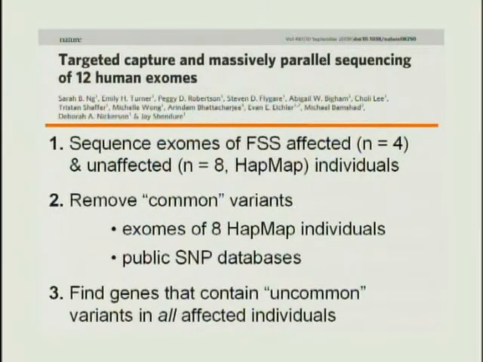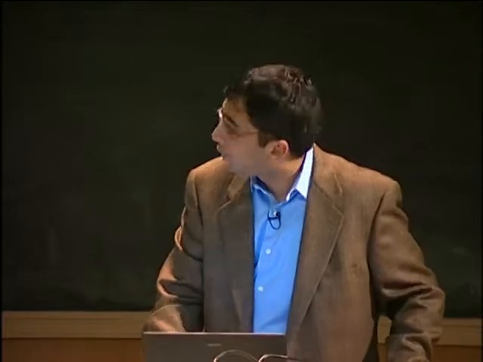And finally, we looked for genes where all individuals affected by FSS contained uncommon variants, under the assumption that this was a monogenic disease with 100% penetrance. So I'll show you how the data looks here.